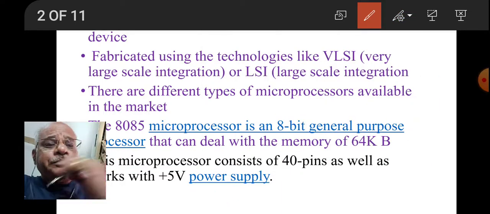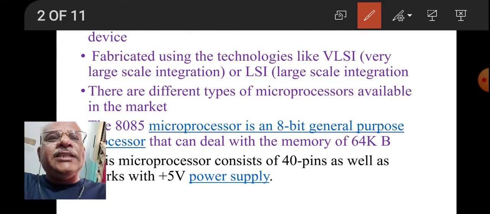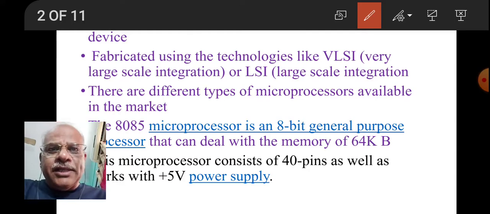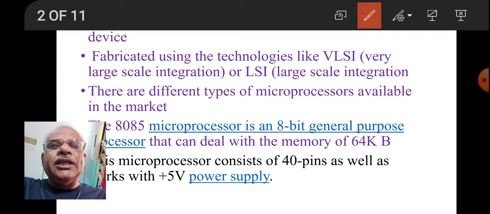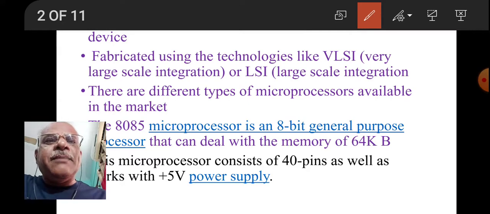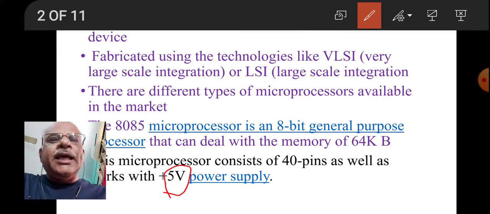Now, whenever a particular IC is to be operated, remember that unless a suitable power supply is connected to that IC, you cannot operate it. Therefore, you have to supply a suitable power supply to the 8085 microprocessor, and the power supply needed is plus 5 volts. So there must be a constant power supply of plus 5 volt DC. DC means direct current, no fluctuations.